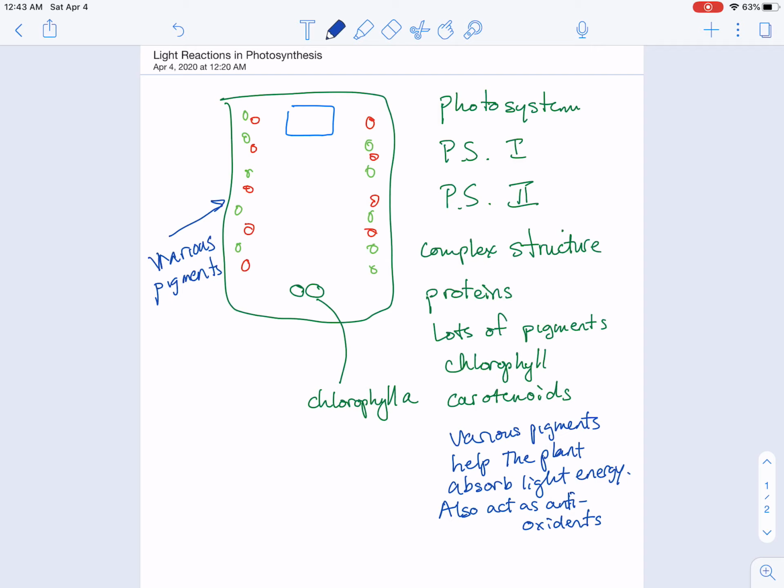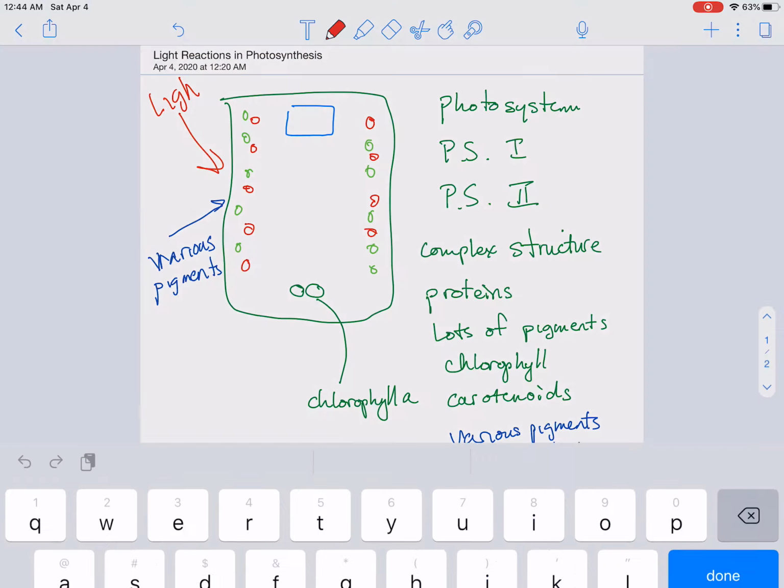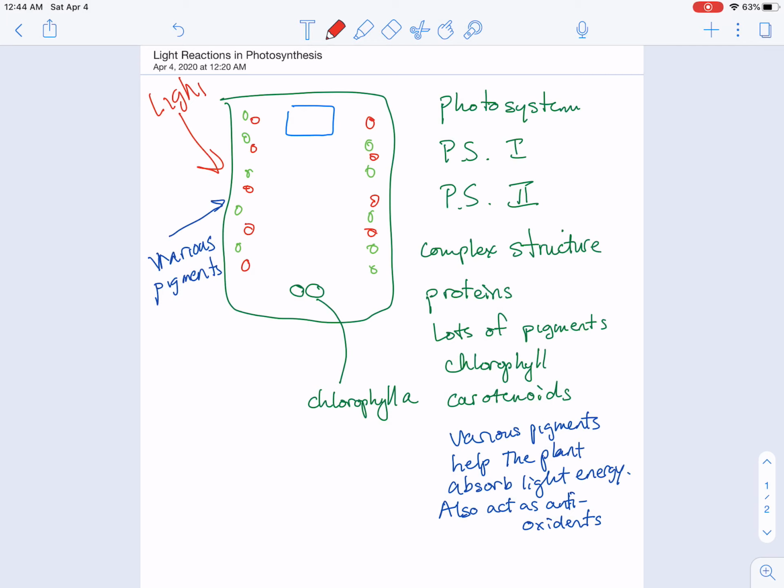All right, so during photosynthesis, we have light energy coming into the system, and I'll do that in a different color. So light energy, and it bounces around the photosystem until finally these chlorophyll A molecules absorb the light energy.